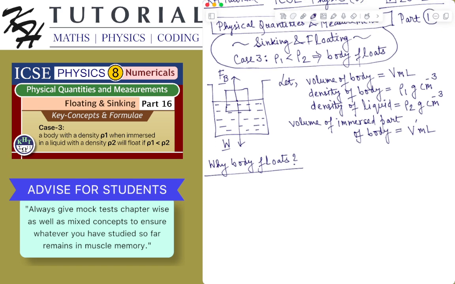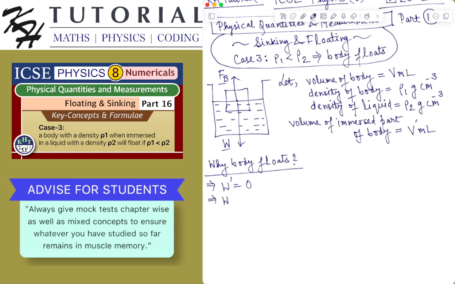A body will float when there is no net force acting on the body. A body floats means that it is not moving either downwards or upwards. That means that no force is acting on it either downwards or upwards. So this implies that the net force which we have discussed in previous videos to be W dash, net force acting on the body, or the net weight or apparent weight of the body when it is immersed in the liquid, is 0. So what is the apparent weight?